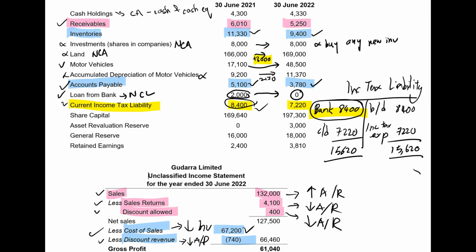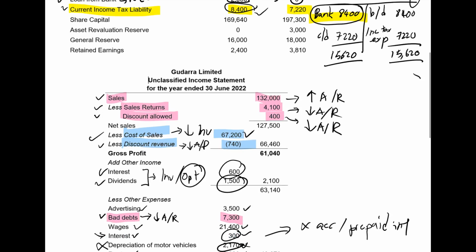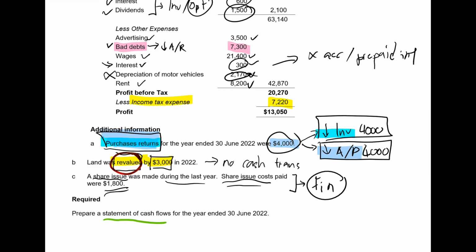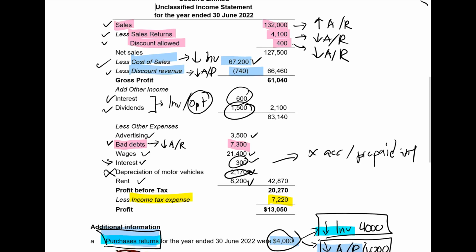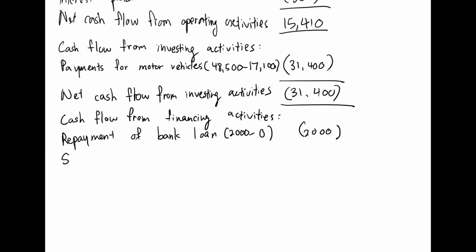So the next one that we are going to look at is share capital. As mentioned in your additional information, there is a share issue during that year, and the share issue cost is 1,008. So under the statement, you will have share capital because you have issued some shares, and you would have share issue costs.